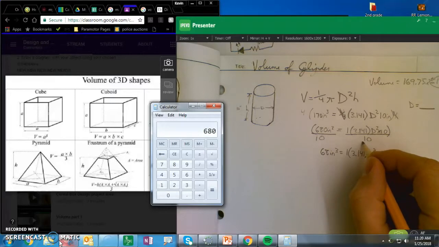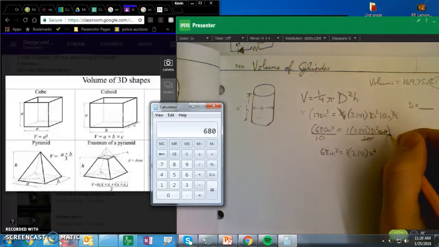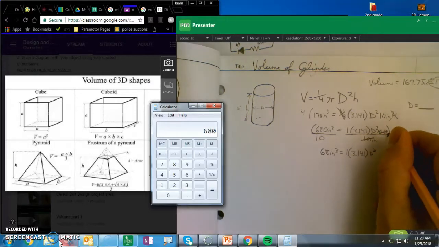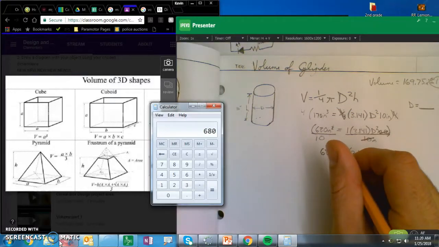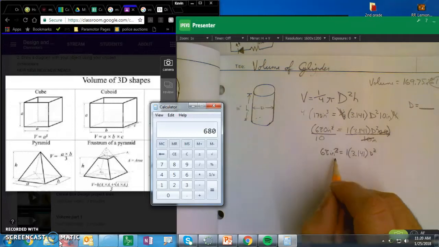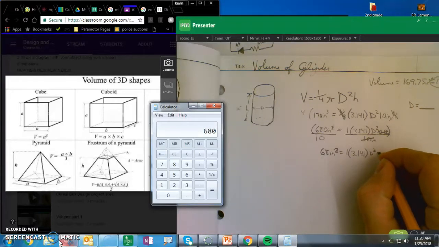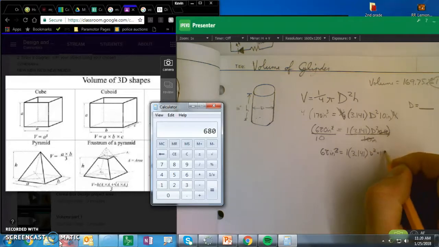And I got 10 on the bottom, 10 on the top. Boom. Cancel out. And this is actually 10 inches. So that's going to cancel out my inches here. It's going to cancel 1 inch out here. So it's 68 inches squared equals 1 times 3.141 times d squared times 1, because that 10 divided by 10 turns into 1.